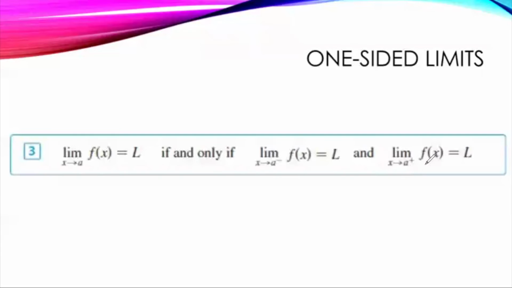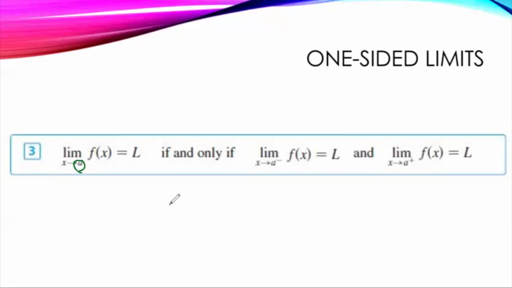This means that for a limit to exist, the limit of the function as x approaches a specific value, let's say a, is equal to L, provided that the left-hand side limit and the right-hand side limit are equal.